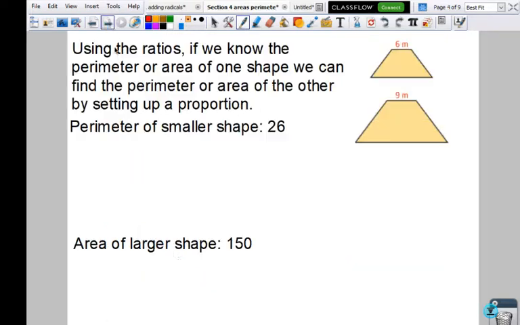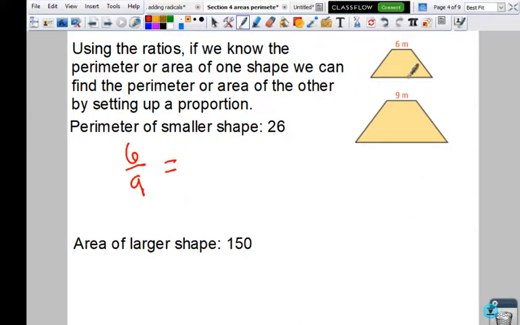If we're going to look at these same shapes, I'm going to find the perimeter and area that's missing from each one. If I know that the perimeter of the smaller shape is 26, I can find the perimeter of the bigger shape by setting up a proportion. It's got to be 6 over 9, because that's the ratio of my shapes.